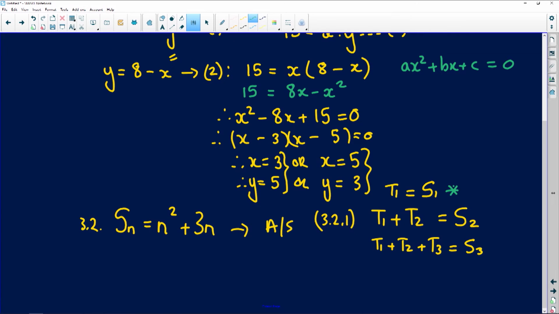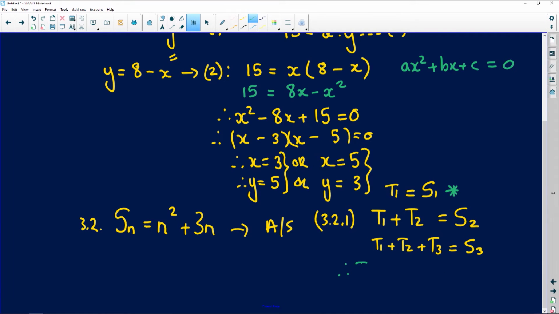So that is the key thing that you had to see here, is that you can find term 1 by just substituting into the sum formula the n with a 1. Okay, let's do that. Term 1 in this case is 1 plus 3 times 1, which is indeed 4.